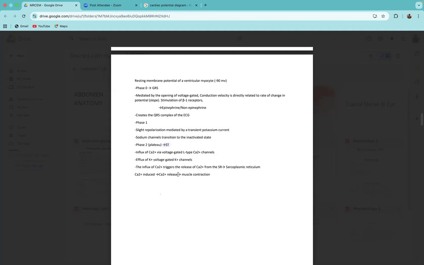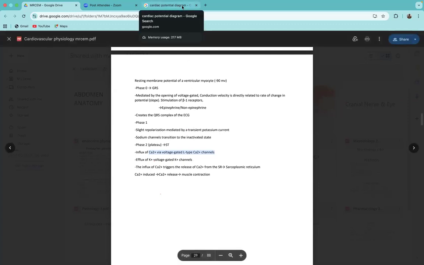Influx of calcium via the voltage gated L type calcium channel occurs, and the efflux of potassium through the voltage gated potassium channel occurs as well. The influx of calcium triggers the release of calcium from the sarcoplasmic reticulum, calcium induced calcium release, which causes the muscle contraction, right?